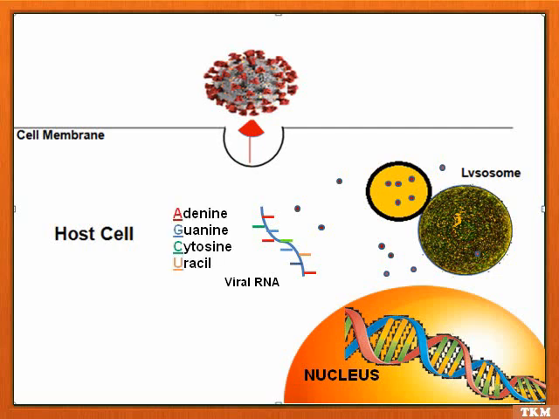You can see over here, these are the 4 nucleotide bases of viral RNA: adenine, guanine, cytosine, and uracil. Whereas these are the 4 nucleotide bases of our DNA: adenine, thymine, guanine, and cytosine. So you can see the viral RNA doesn't have thymine, it has uracil instead of thymine.